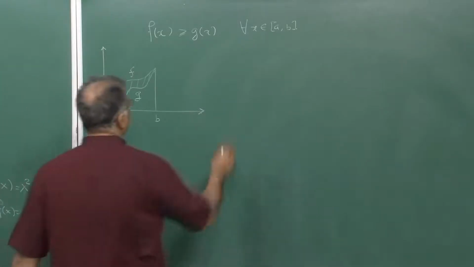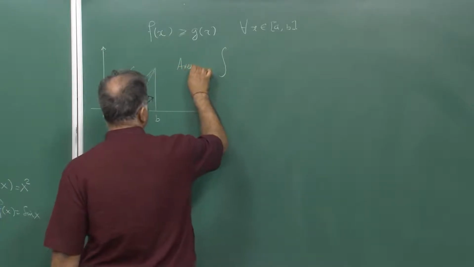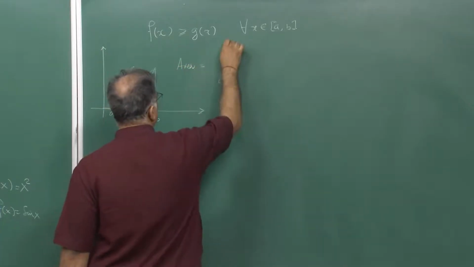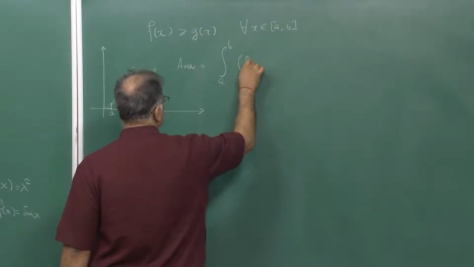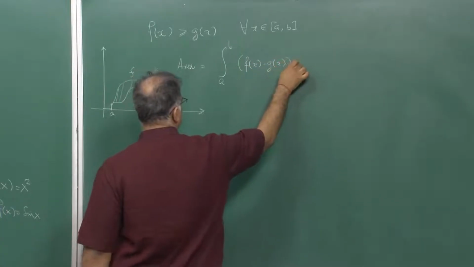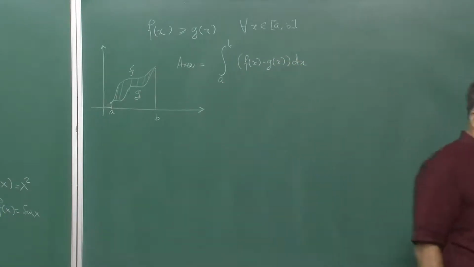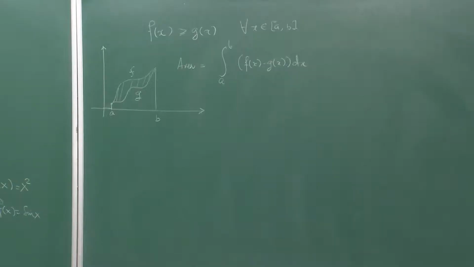So the area in this case is the integral from A to B of f x minus g x dx. From Thomas's calculus we will take some examples to tell you how to handle such a situation.